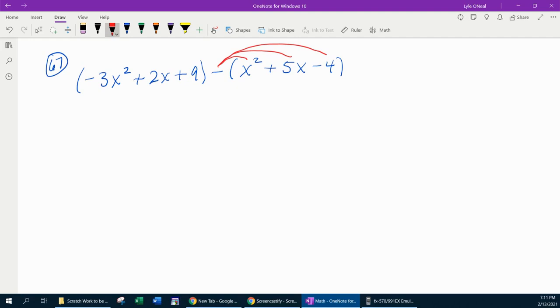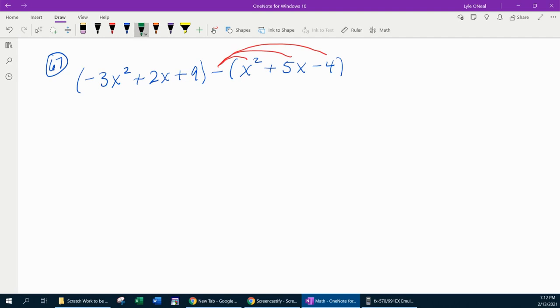So instead of just combine like terms, you're going to need to CTS, CLT. CTS, you're going to have to change the signs and then combine like terms. Can you remember that? When you've got subtraction of polynomials, CTS, CLT: change the signs, combine like terms.